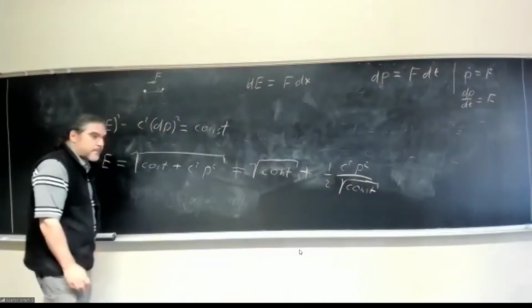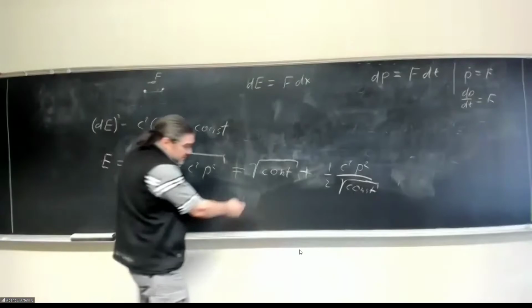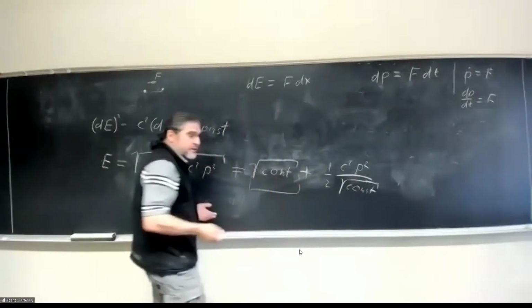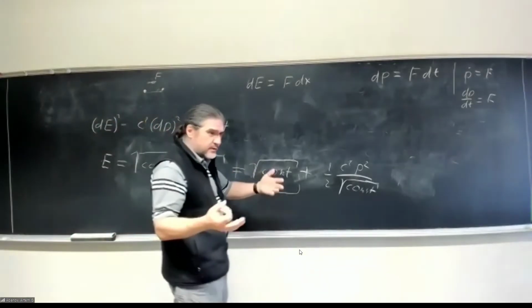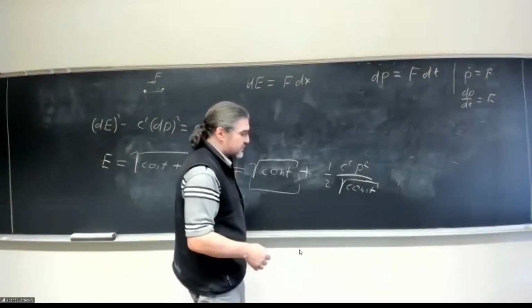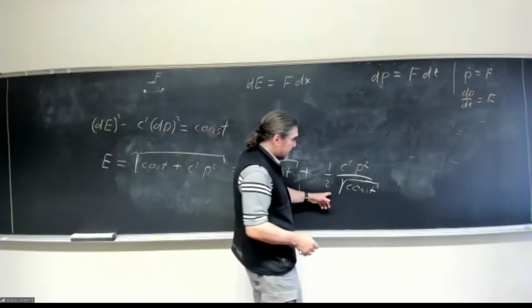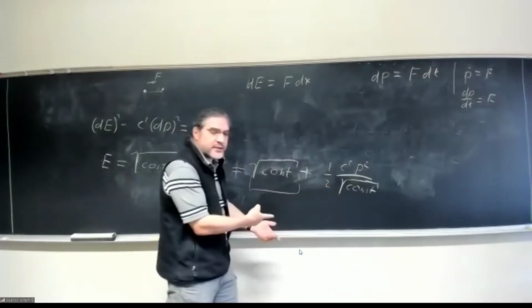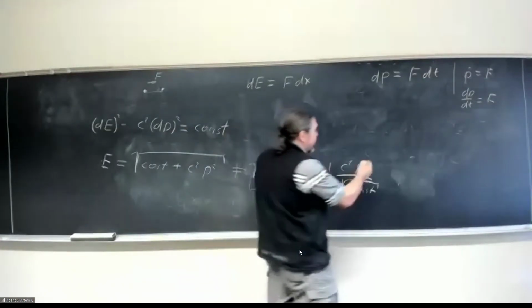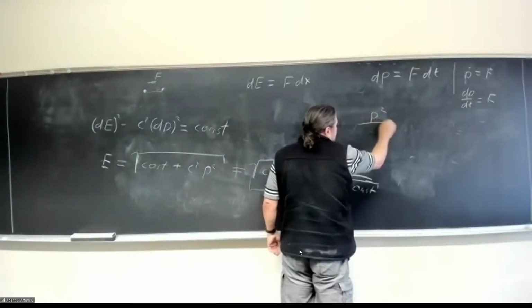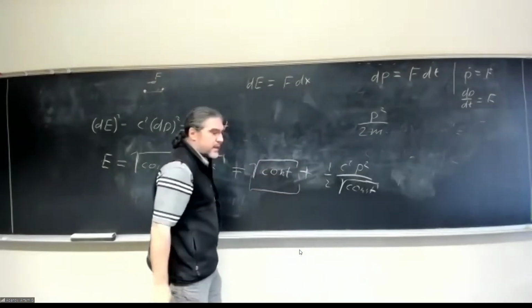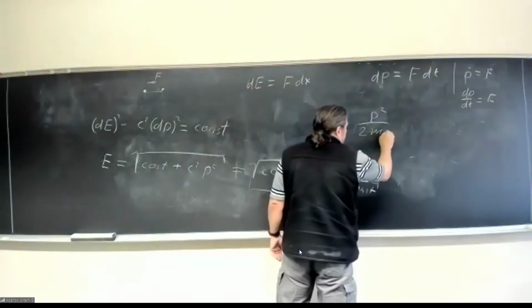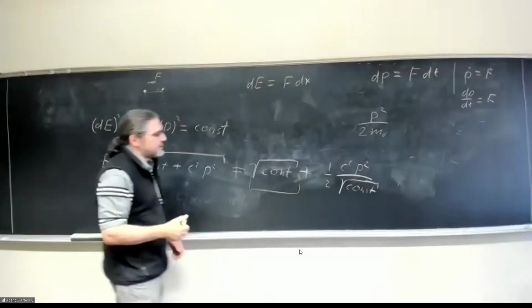Now this is a constant, and energy is always defined up to a constant, so in normal Newtonian mechanics I can always throw it away. But then this must be my kinetic energy. But the kinetic energy in Newtonian mechanics is p squared divided by 2m. Let's call it m naught for now, for reasons I'll tell later.